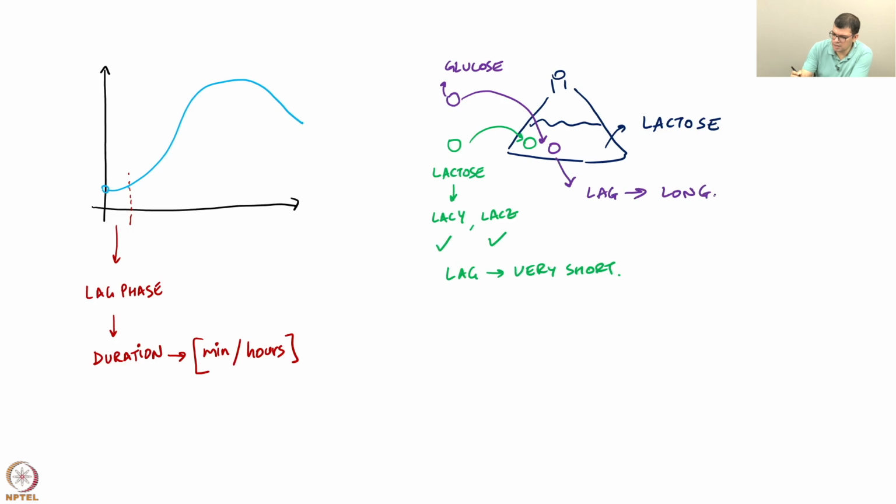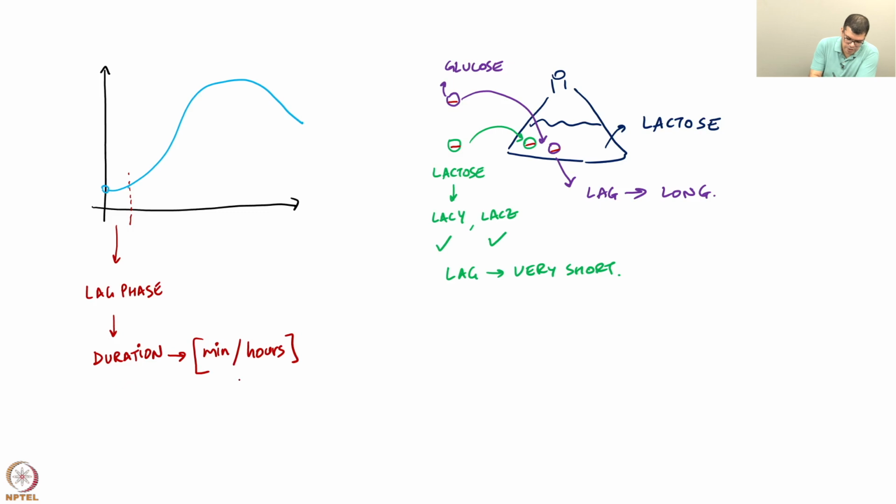This could be several hours before it starts to exhibit growth. But what we should take into account here is that this duration of lag is independent of the genotype. Their DNA is exactly the same, but the duration of the lag is different in the two cases because of the environment from which they are coming, not because of the genotype that they are carrying. The genotype of the two individuals is exactly the same.